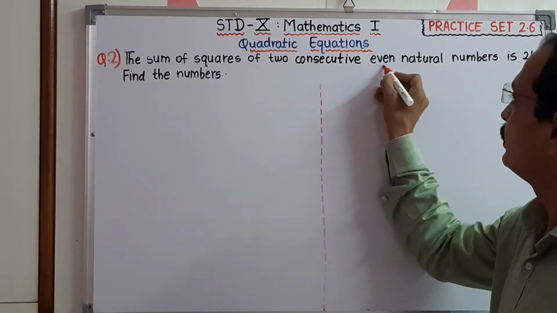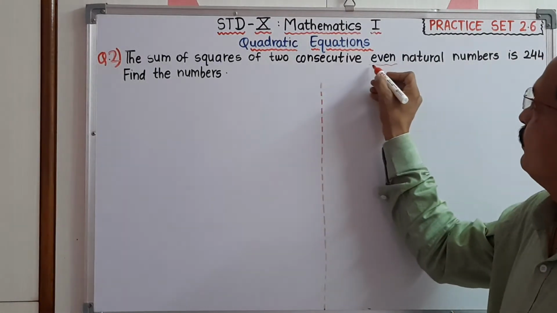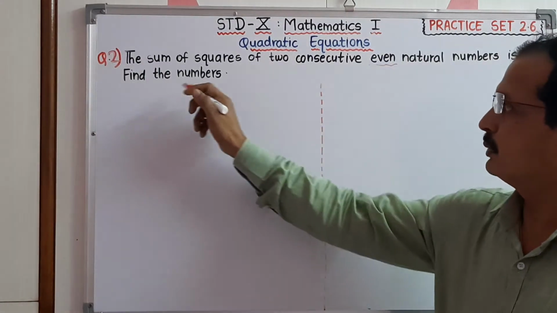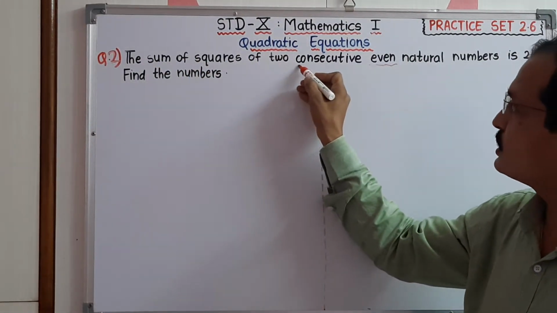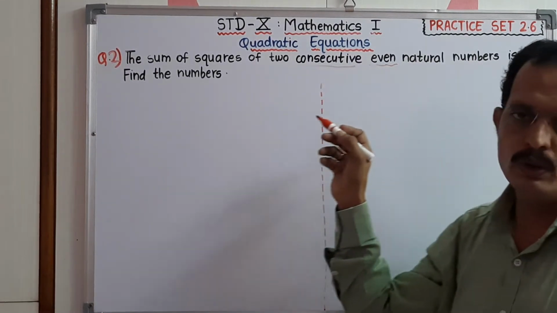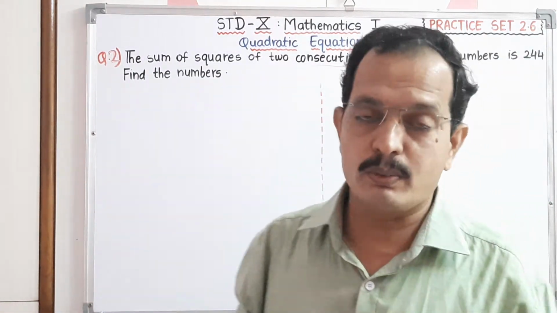Dear student, make one correction in your notebook. The word even is not there in this form, we have to make it even number. The sum of squares of two consecutive even natural numbers is 244. We have to make the sum. That means we have to make the addition of two numbers.